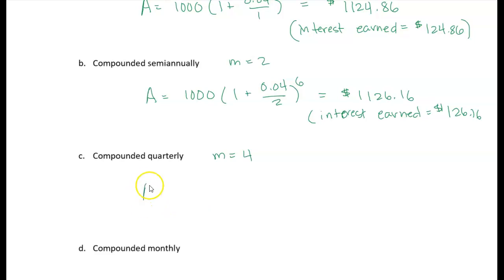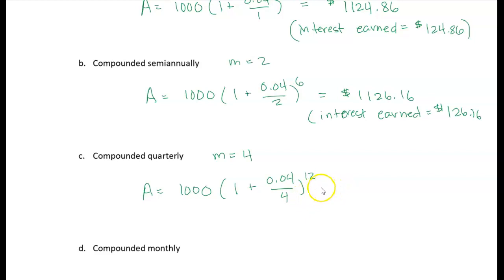I'm just going to plug the values into our formula. The principal is $1,000. We have 1 plus the nominal interest rate of 0.04, but now we have to divide by 4 periods per year. If we're compounding quarterly for 3 years, we have a total of 12 conversion periods over that 3-year time span, 3 times 4.